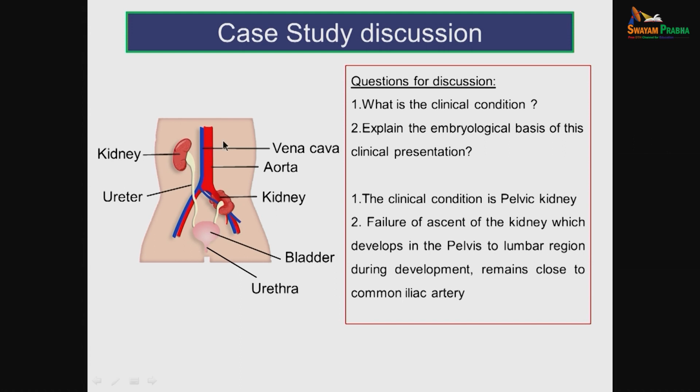It has to ascend up to the lumbar region. If it fails to ascend during development, then it is called pelvic kidney, and usually it will remain close to the common iliac artery. So, this clinical condition is left pelvic kidney, and this has been correlated with the development of the urinary system.